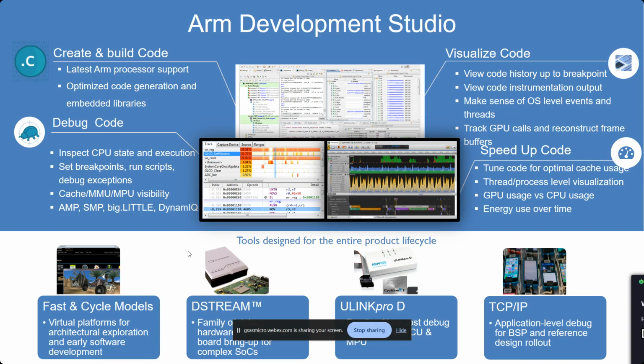The tool is designed for the entire product life cycle, meaning that even before your hardware is ready, for every stage of the SDLC, the software development lifecycle, ARM tools can be useful to the user. Even before the hardware is ready, you can use the simulation models offered by ARM to develop your code and test it on the simulation model.